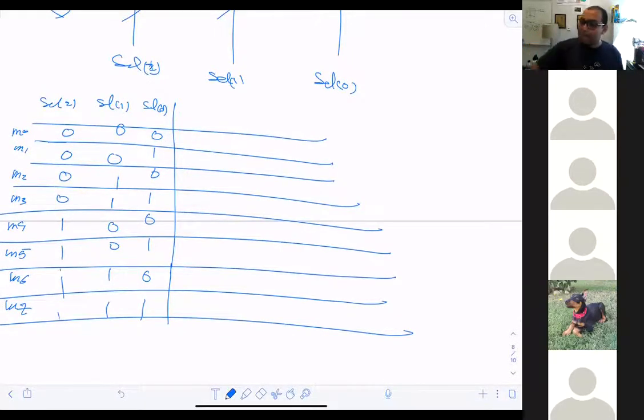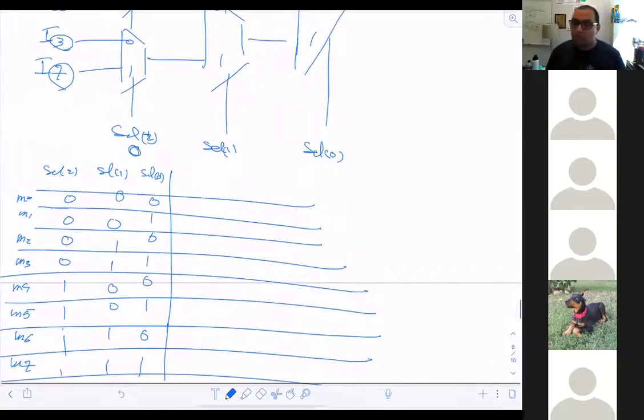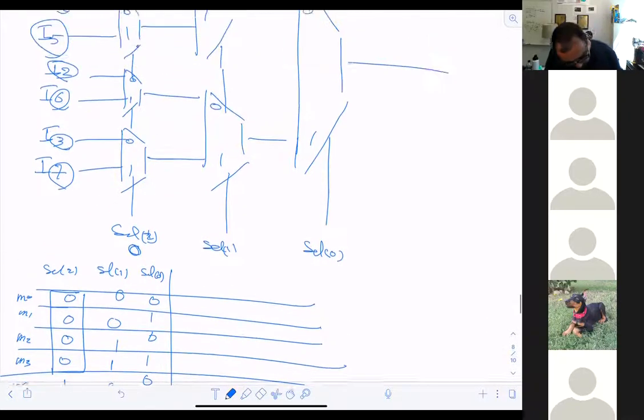You agree? Now I need to see when the select is equal to 0. Select 2 is equal to 0. Everybody agrees with me? Where is exactly this in this table? These 4 states, right? Hello? Yes. Okay. So select is equal to 0.